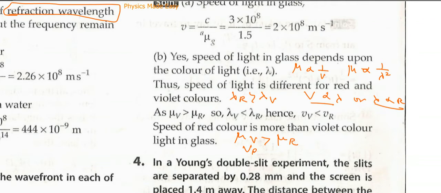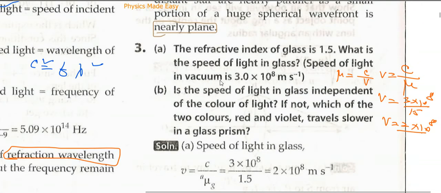V red will be larger than V violet because lambda is directly proportional to velocity. Larger the wavelength, larger will be the velocity. Now let us see what he has asked. Is the speed of light in glass independent of the color of light?